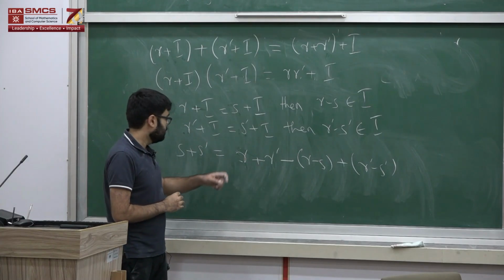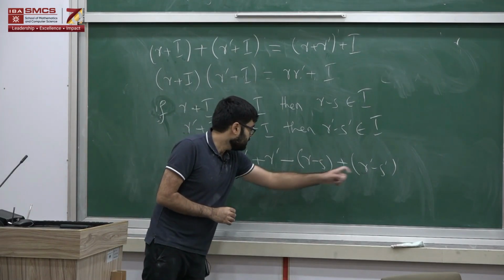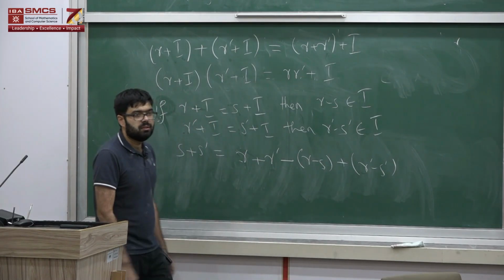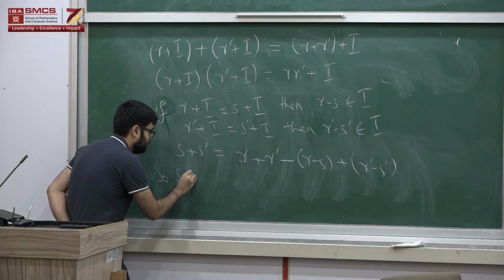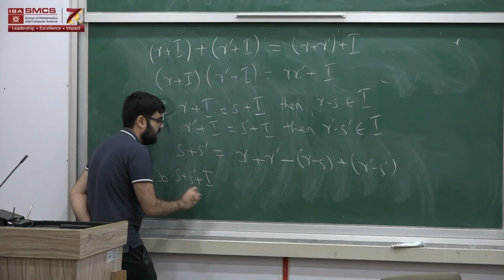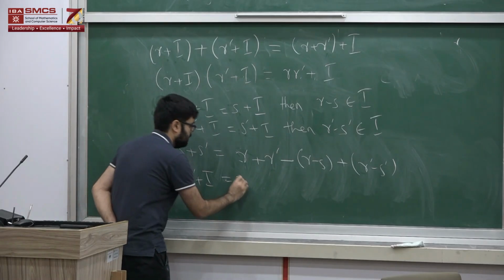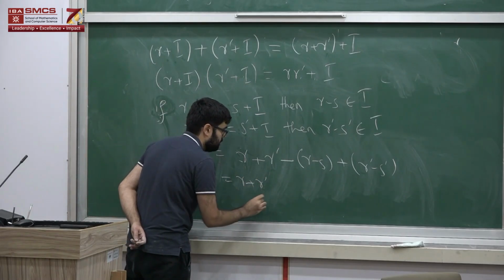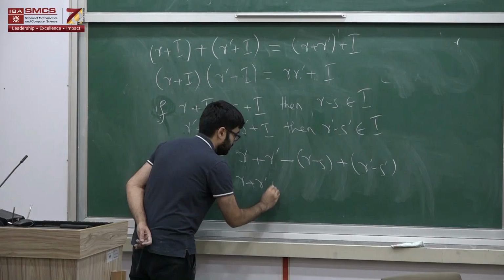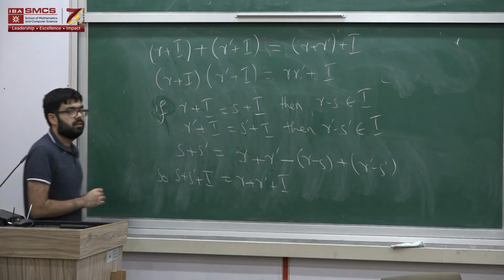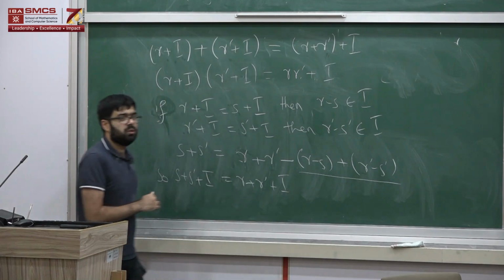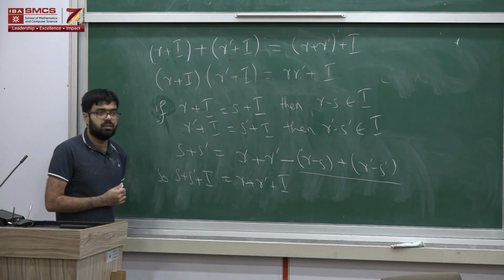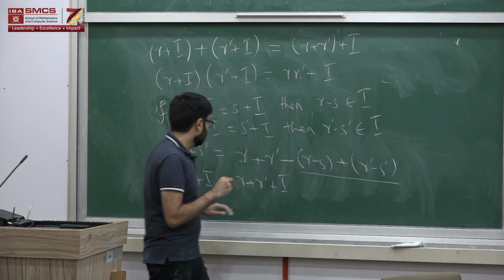So this R prime cancels here, and S plus S prime plus I will be the same as R plus R prime plus I, because I am just shifting by this element which belongs to my ideal. And this is simple enough.